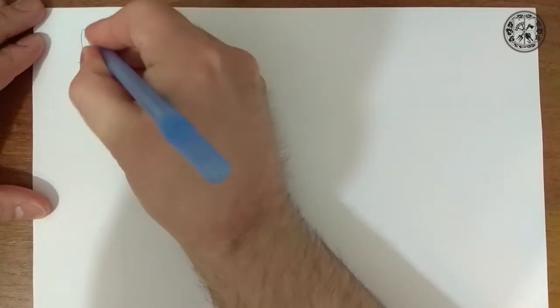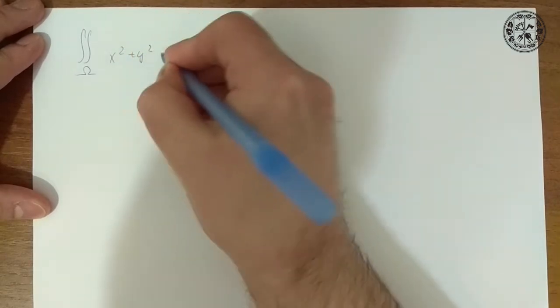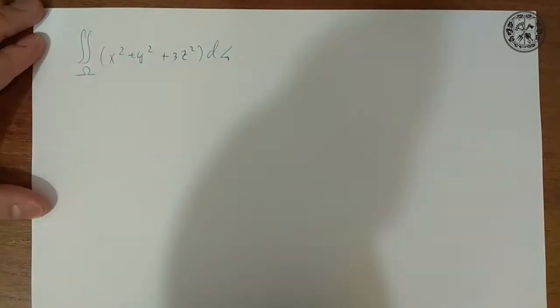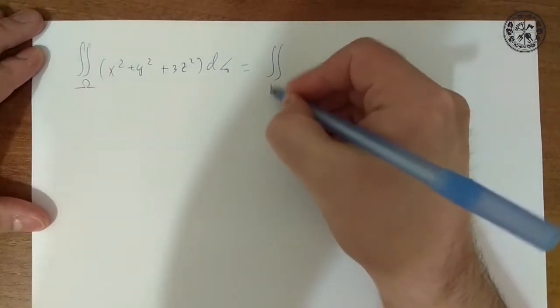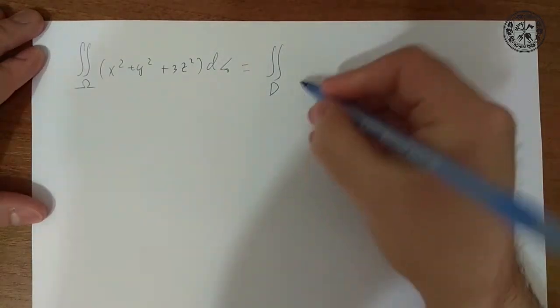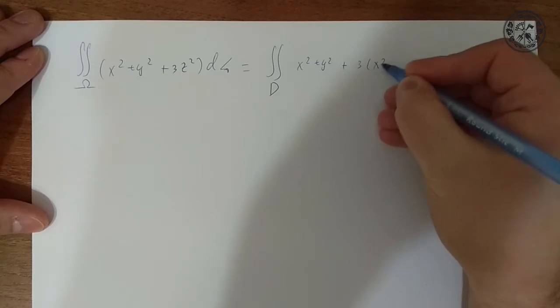Now, the integral over the surface omega of x squared plus y squared plus 3z squared d sigma will be the same as the double integral over the region D of x squared plus y squared plus 3 times x squared plus y squared.